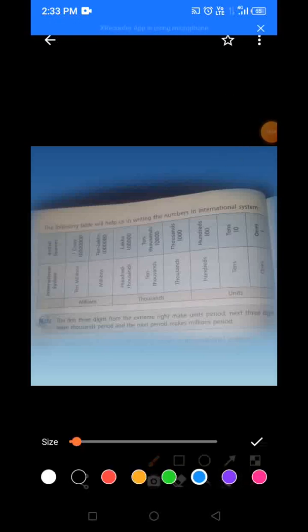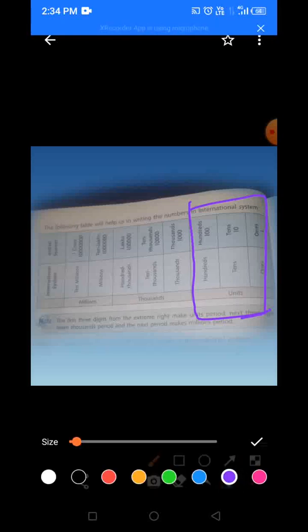Now in the international system, what will happen here is, look children, these 3 will be the units period. Here in the international system, we will not consider this. But now look here carefully.